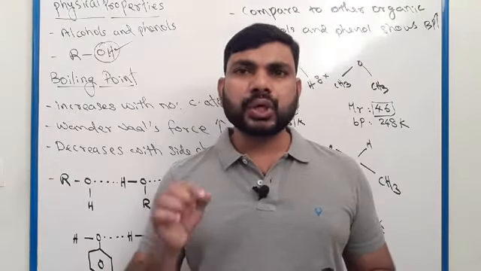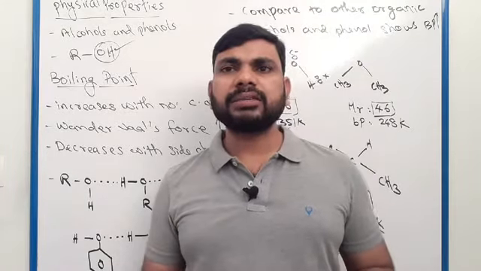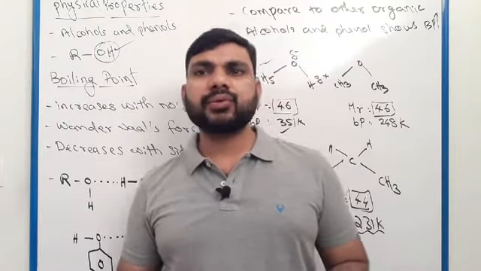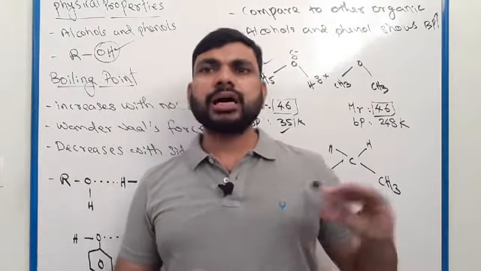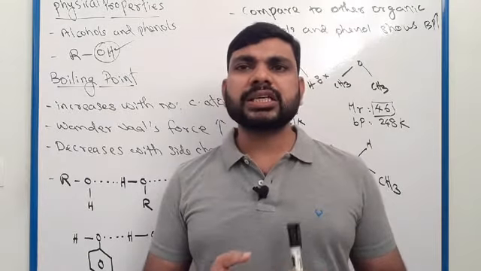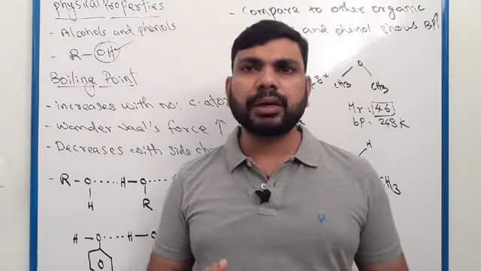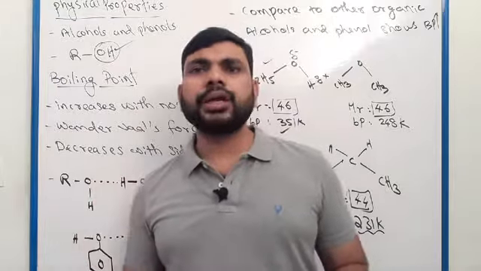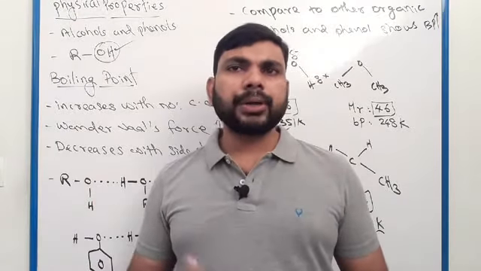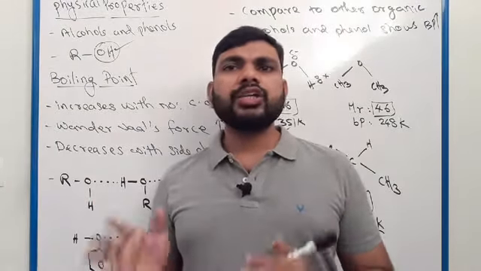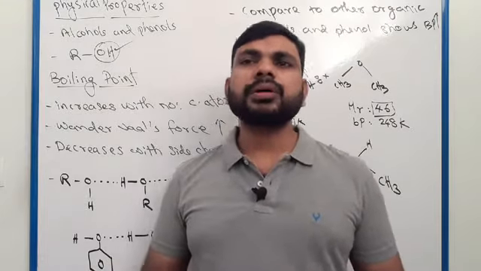Branched molecule shows lower boiling point comparatively, because of less van der Waals force of attraction. Compared to other organic compounds such as ether and hydrocarbon, alcohol shows higher boiling point, because in alcohol intermolecular hydrogen bond is possible.